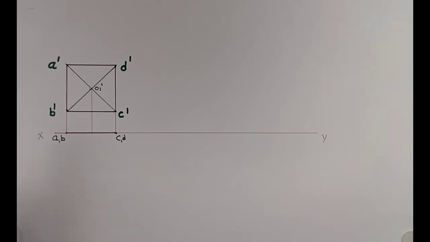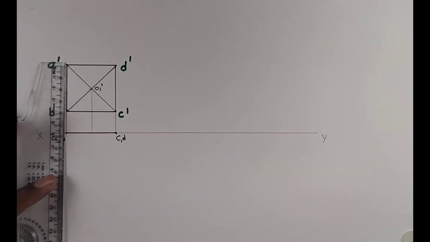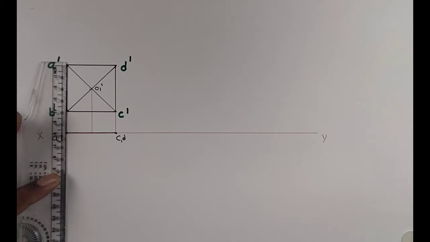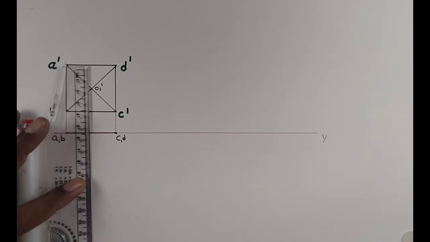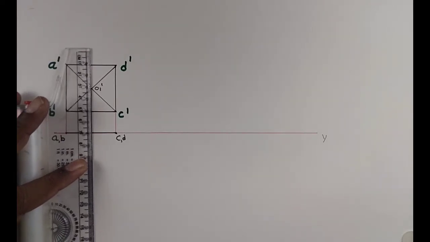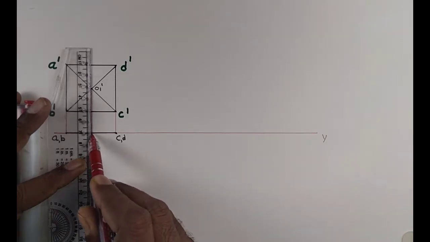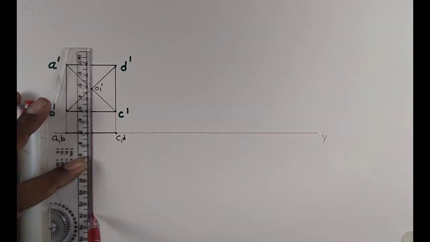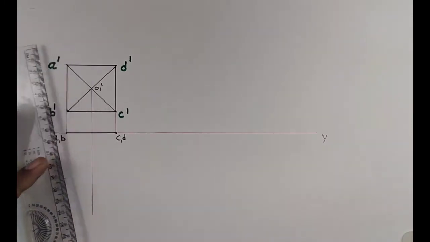Now the axis height of the pyramid is given as 70 mm. So from this XY line, first we mark our axis 70 mm.